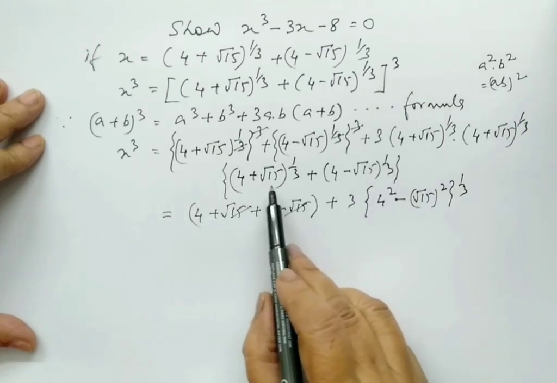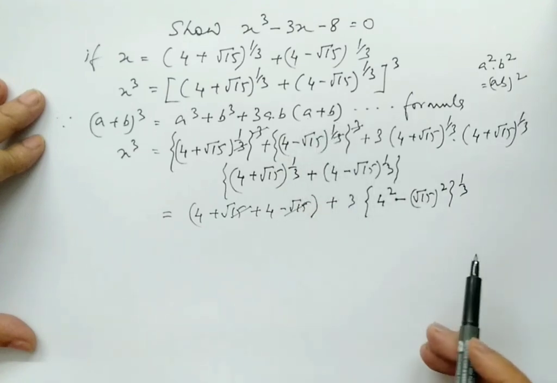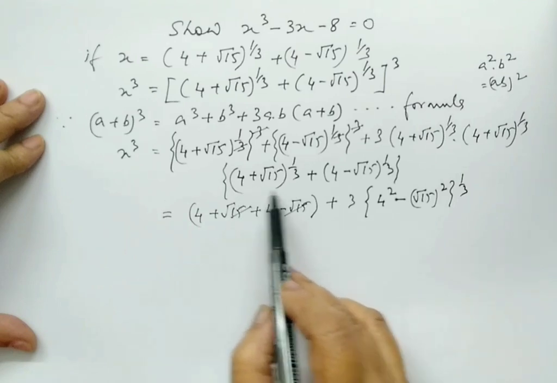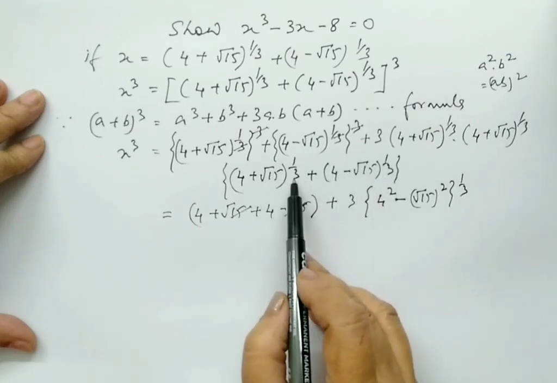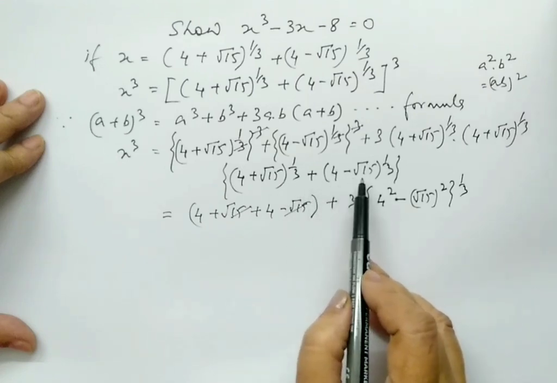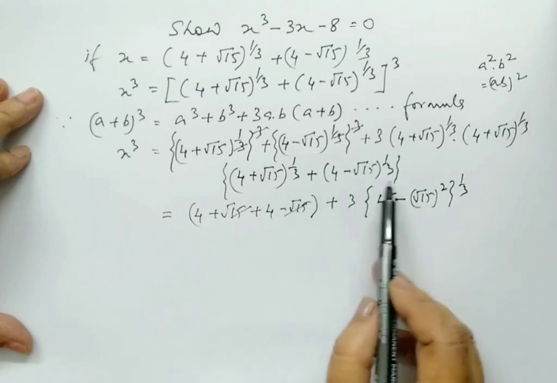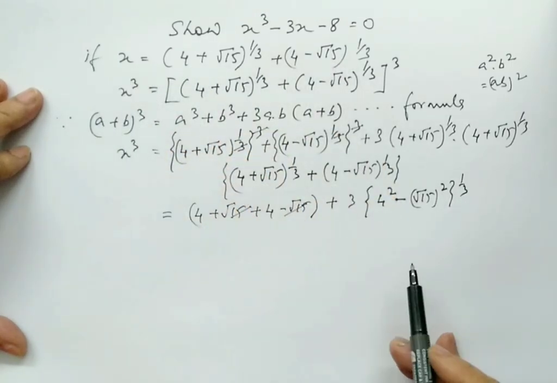So we have this 4 plus, so which is this part? This is a plus b part, alright? 3ab we just noted. But here 4 plus root 15 to the power 1 by 3 plus 4 minus root 15 to the power of 1 by 3. Okay, we already have seen this somewhere, and which is here, which is equal to x.